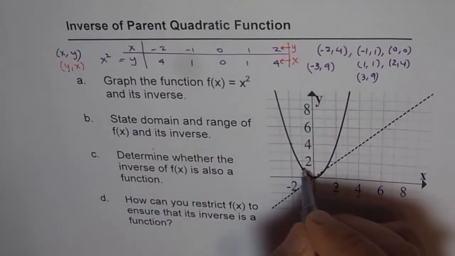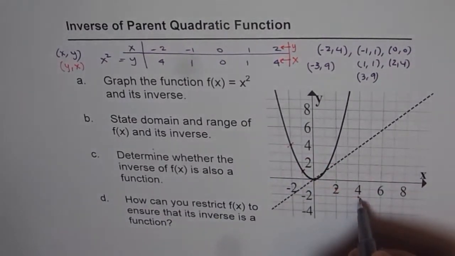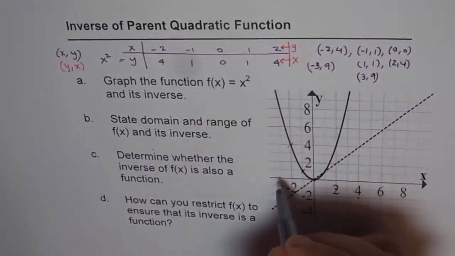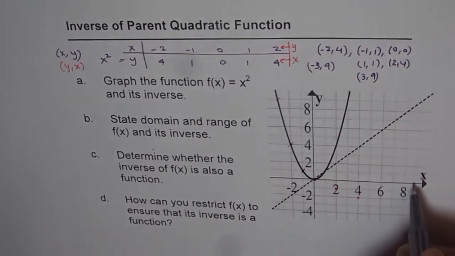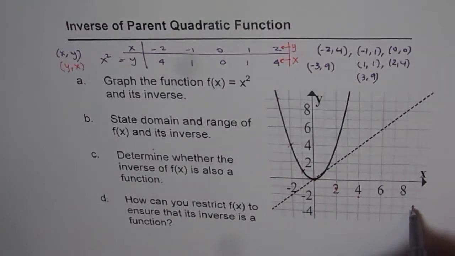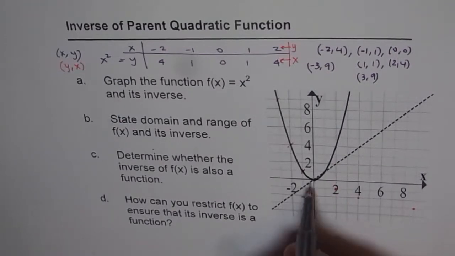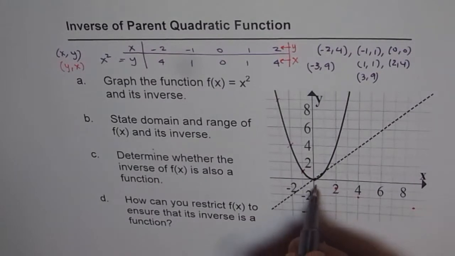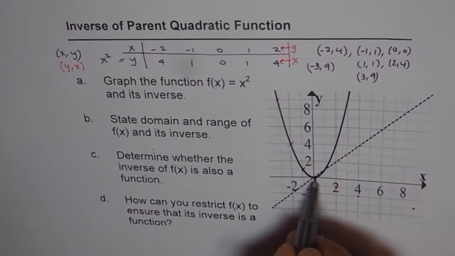If we also take -3 and 9, then we get 9 and -3, which is this point. If I connect these, I get the inverse of the left half of my parabola. Let me connect them and show you.